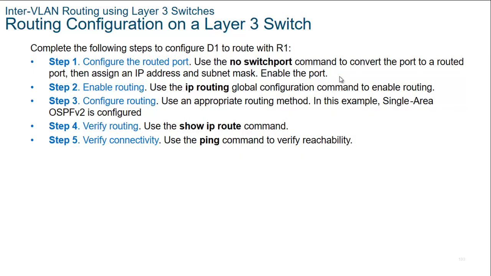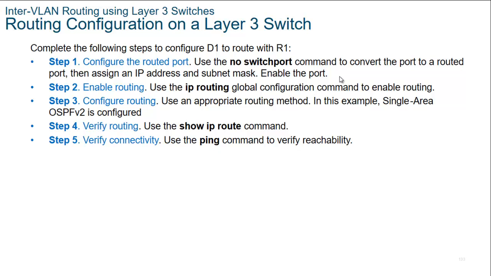So these are the steps to follow to configure D1 to route with R1. Configure the routed port, use the no switch port command to convert the port to a routed port and assign an IP address and a subnet mask. Don't forget to enable the port.